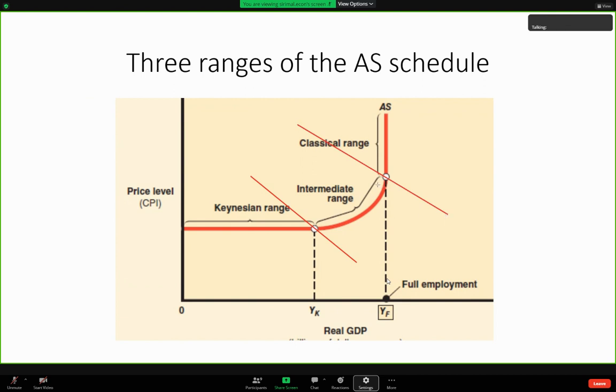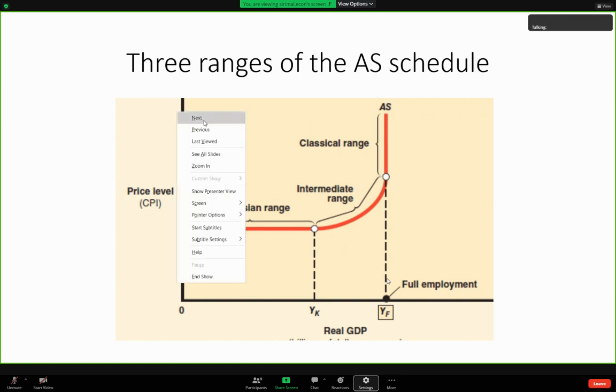But in between, there is an intermediate range also. The same idea that we talk about, right? So you can't say the shape of the AS curve unless you know the wage price flexibility and the time lag. These are important points which determine the shape of the AS curve.